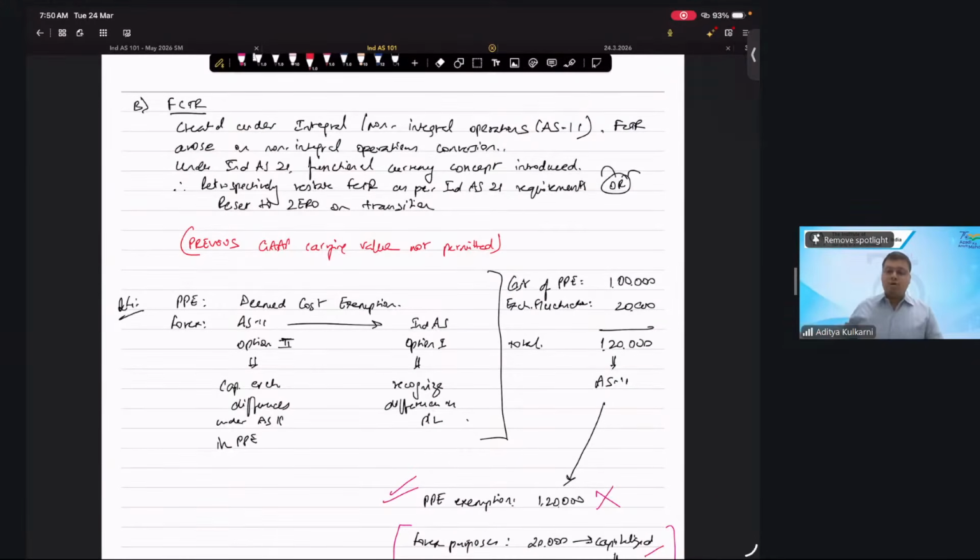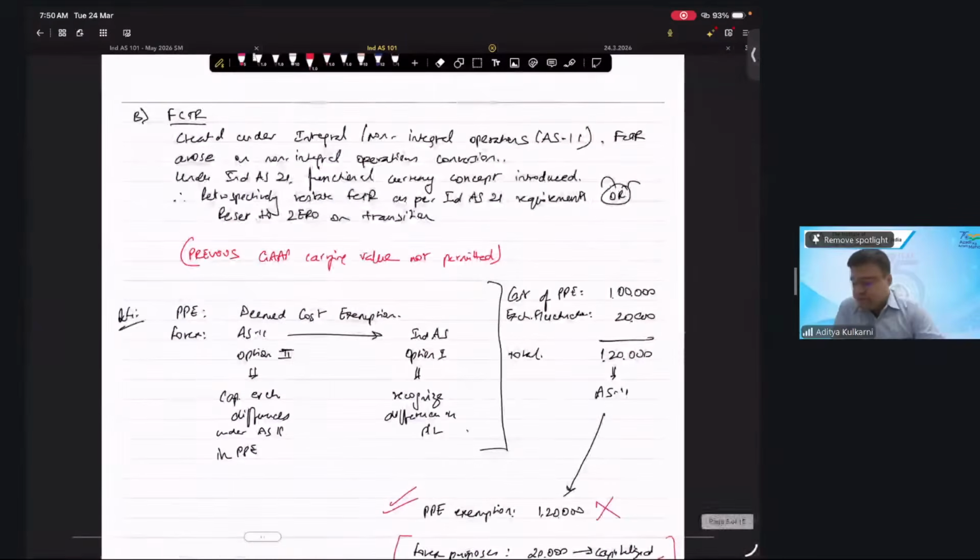Of what? Loans existing in the balance sheet. No, this is not loans. Loans is done in the previous case. FCTR arises when I convert the foreign trial balance of a subsidiary or non-integrated operations into the parent for the purposes of consolidation. Yes or no?